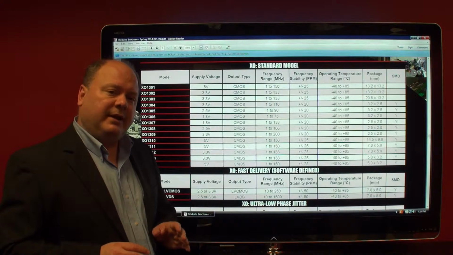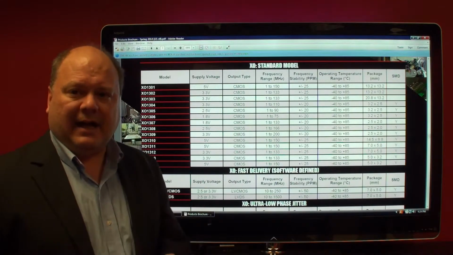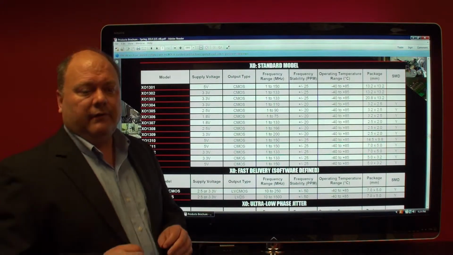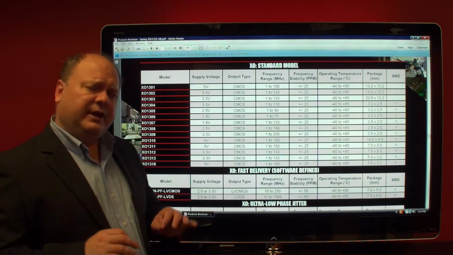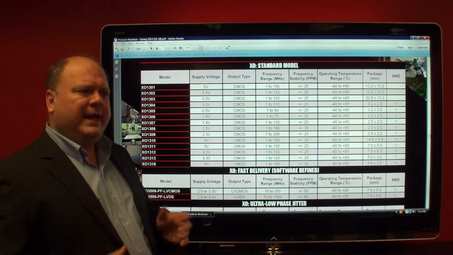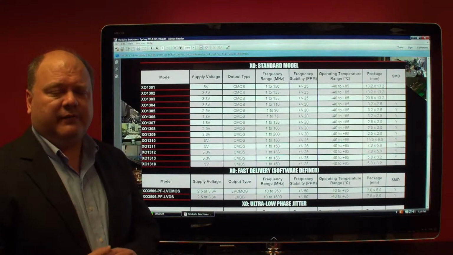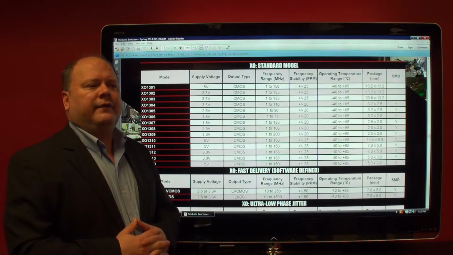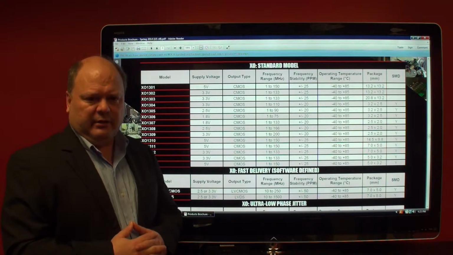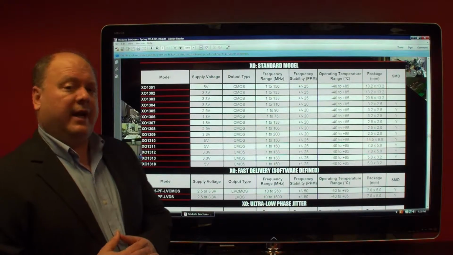But generally speaking, Dynamic Engineers wants to provide a clock oscillator solution for those applications, but usually it's going to be niche, because mainly the XO market, or the clock oscillator market, is very much a commodity market, and you will find that there's very little custom niche design opportunity for XOs.